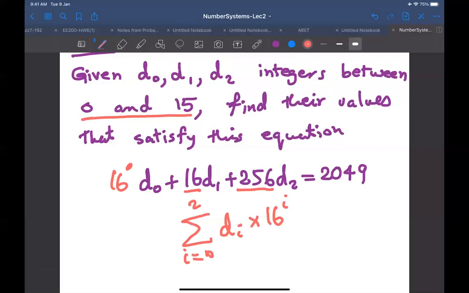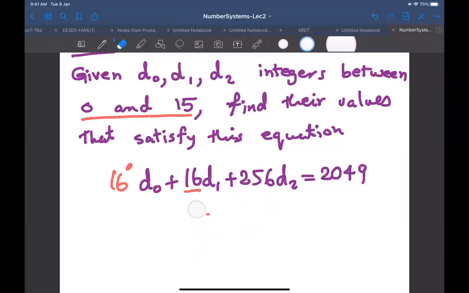We would like to know the digits of the hexadecimal number that has the decimal equivalent of 2049. So how do we solve this? We convert 2049 to hexadecimal, right? So how to do that?